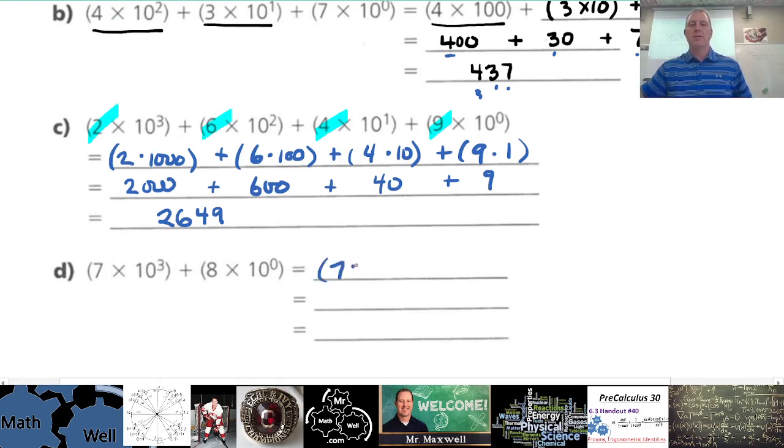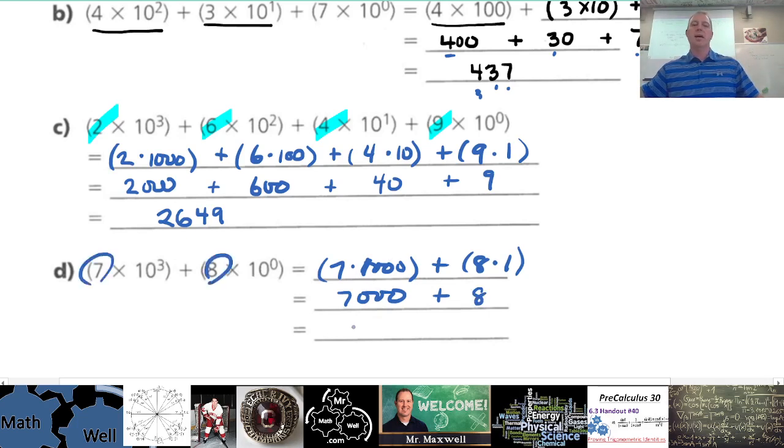This is 7 times 1,000 plus 8 times 1. So that's 7,000 plus 8. There are no hundreds, there's 0 hundreds, and there's 0 tens. So we don't just write 78, that's not the answer. Instead, it's 7,008.